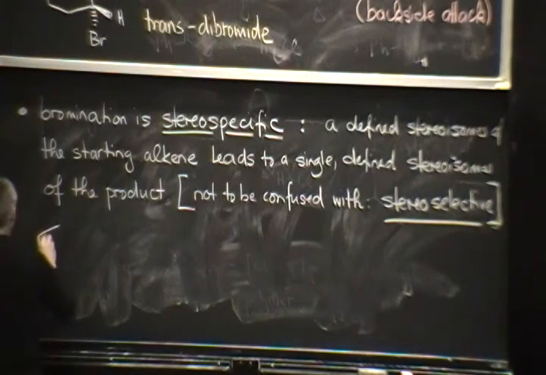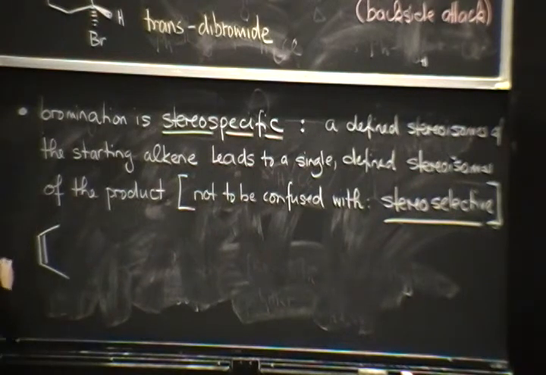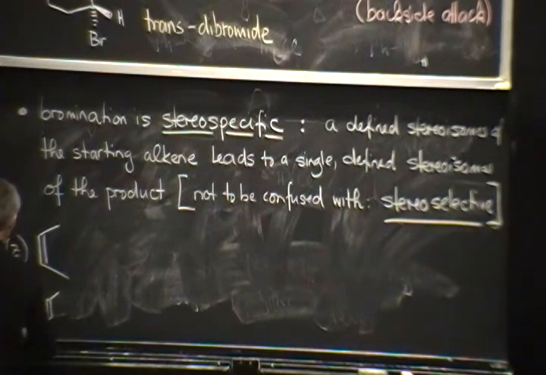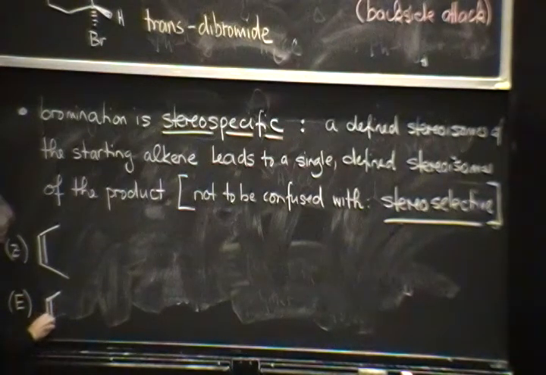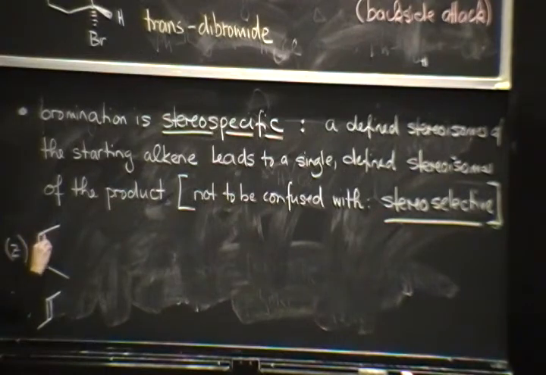So what I'm telling you here is that if I use the Z-alkene and I use the E-alkene, those are two different stereoisomers of butene. So the structures only are different in terms of the orientation of the two methyl groups. They're either together or they're opposite across the double bond. So these are two stereoisomers of the same material.